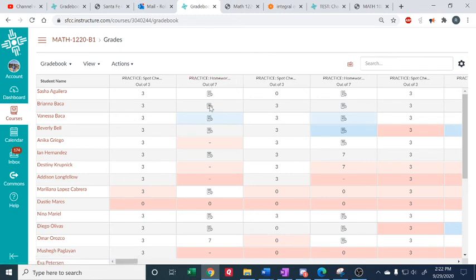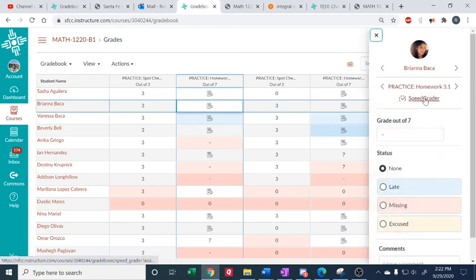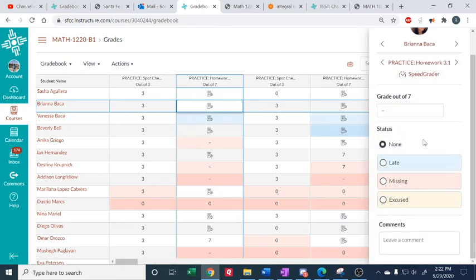All right, so are you in it right now? You're inside Canvas looking at it? And can you click on the 3.1? Yeah. All right, now when I click on my 3.1, but when I go to the speed grader, oh.